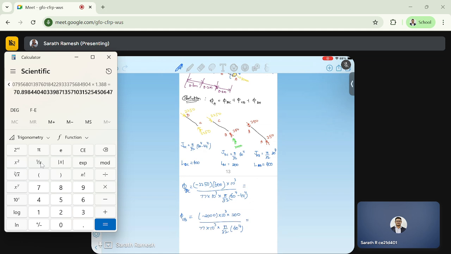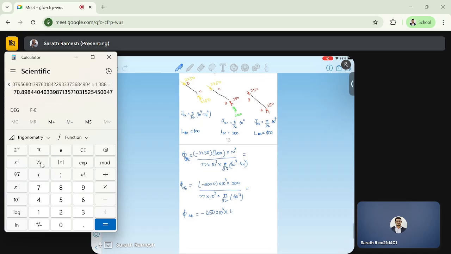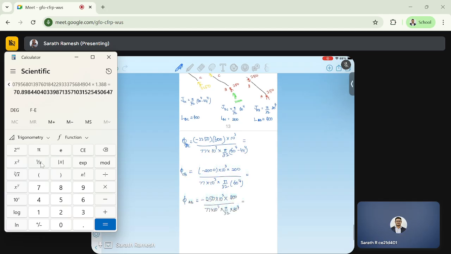And phi AB will be minus 250 into 10 to the power 3 into 400 divided by 77 into 10 power 3 into pi by 32 into 30 power 4.